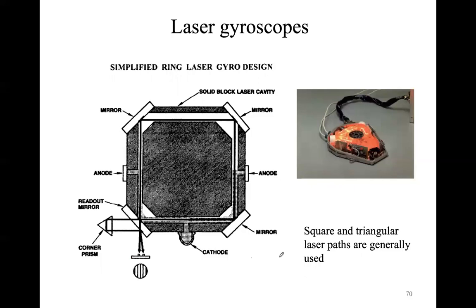So the fiber optic gyroscopes were implemented to overcome one of the main problems of the ring laser gyroscope. As you can see here, although those are called ring laser gyroscopes, they usually have a square, rectangular or triangular shape, given by a certain number of mirrors that define the path.